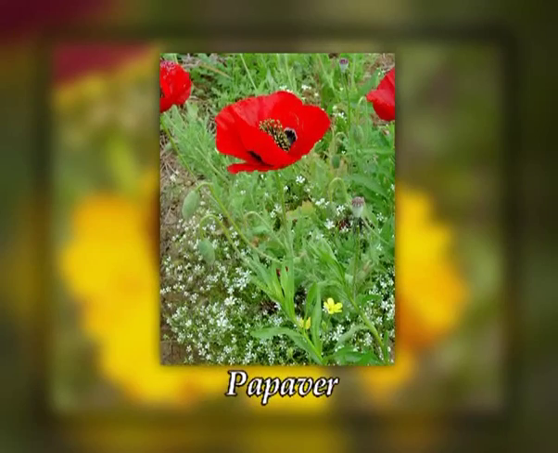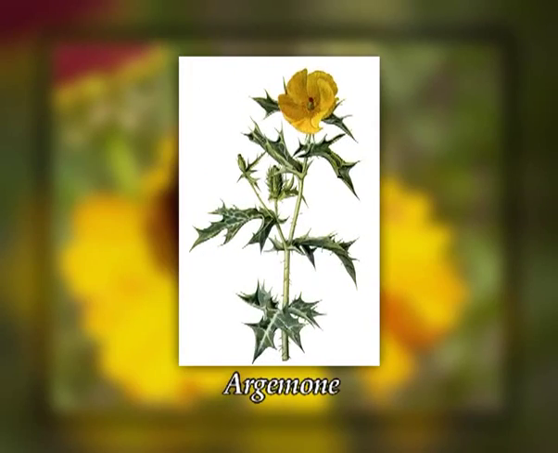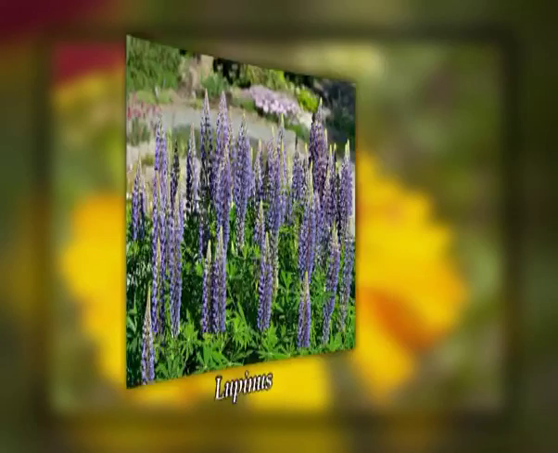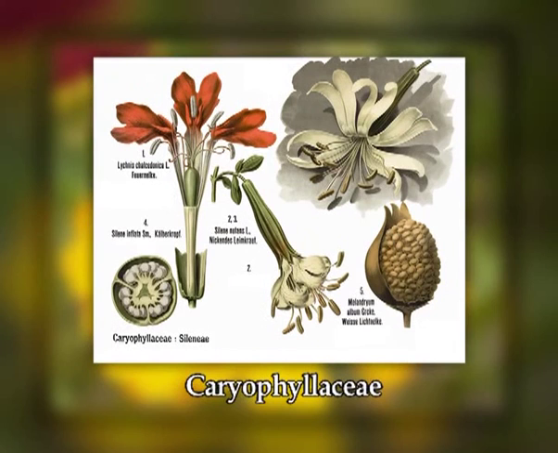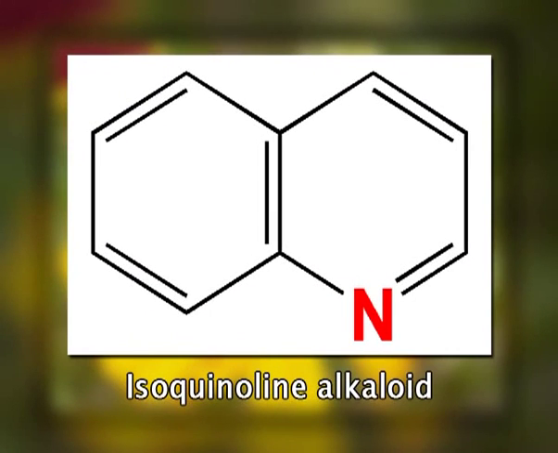Number three, alkaloids are useful in taxonomic studies in Papaver and Argemone, Veratrum, Lupinus, and Corydalis.